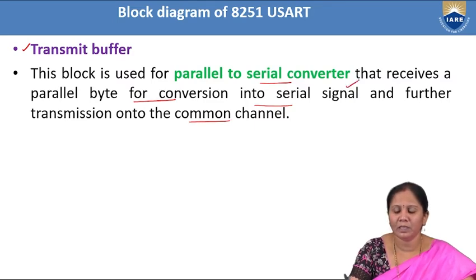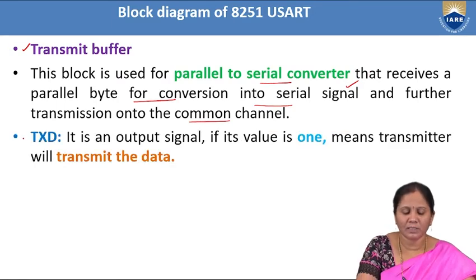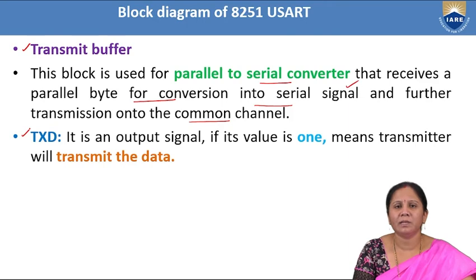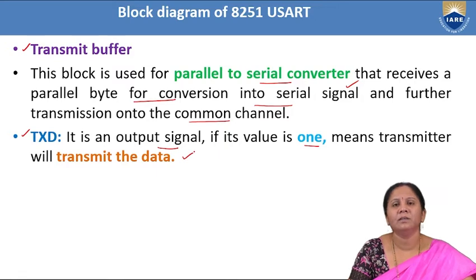Finally, the serial data will be communicated through the channel through the TXD signal. TXD represents transmit data, and this is the output signal for the transmitter section block. Using this signal only, the data will be transmitted. If the value is 1, it means the data is transmitted.